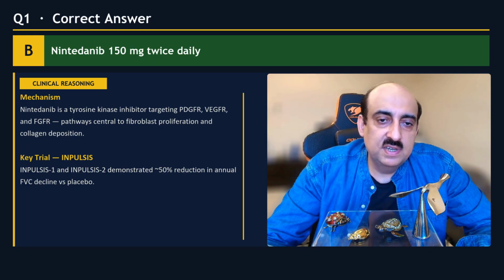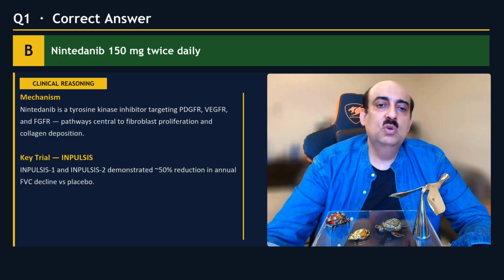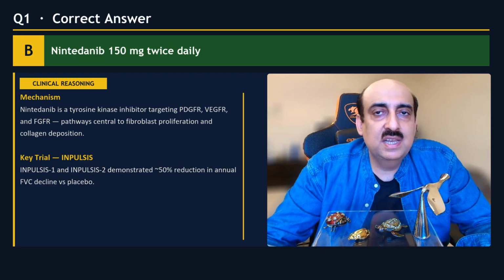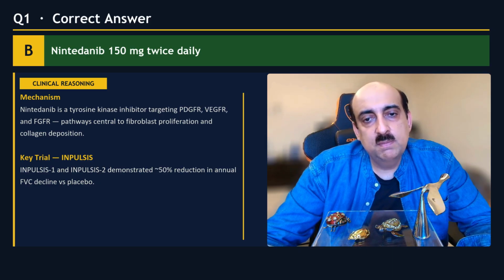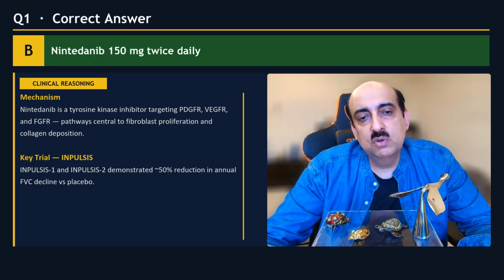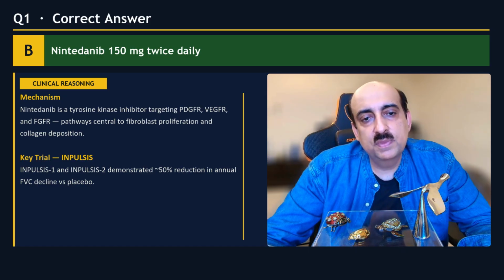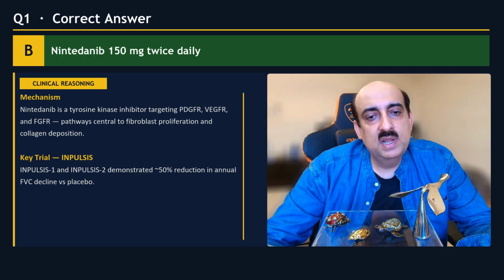What's the clinical reasoning? First of all, the mechanism. Nintedanib as a drug is a tyrosine kinase inhibitor, which means it targets the growth factor receptors like platelet-derived growth factor, vascular endothelial growth factor, and fibroblast growth factor receptors. All of them are targeted, and hence the proliferation of the fibroblasts and the collagen deposition is slowed.